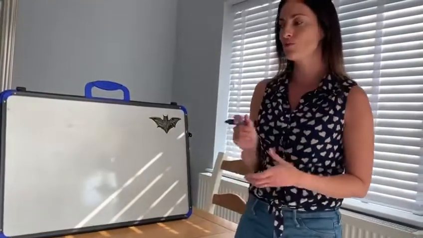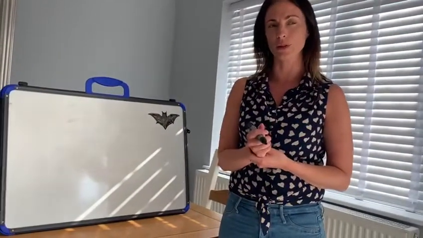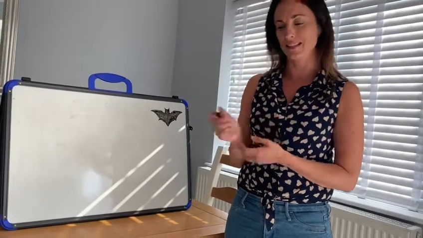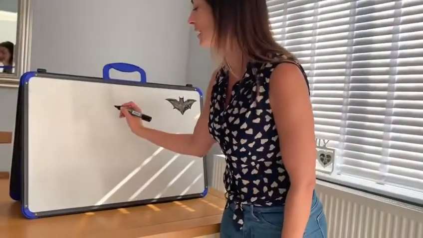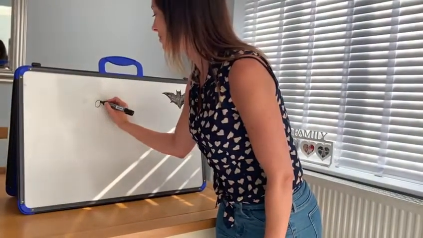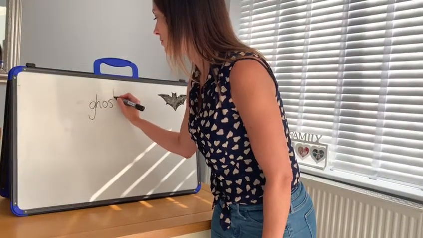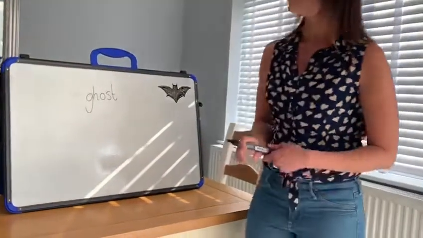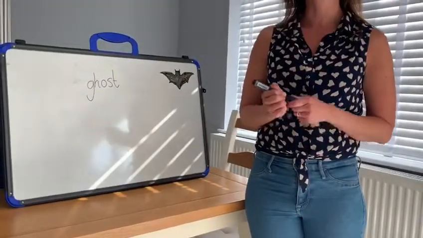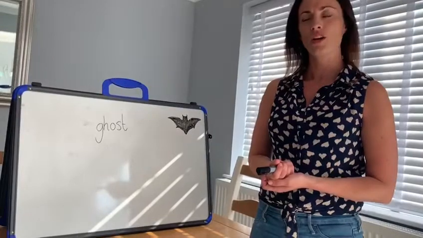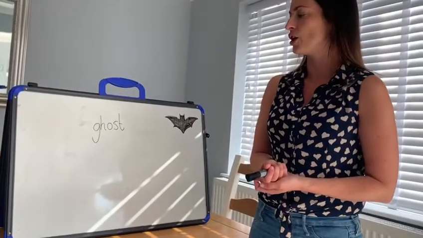So I'm going to write a word on the whiteboard and I want you to have a think about what the silent sound is. What is the silent letter in this word? The word that I have written is the word ghost. The word ghost, a spooky ghost.